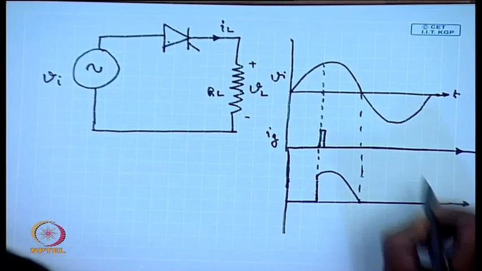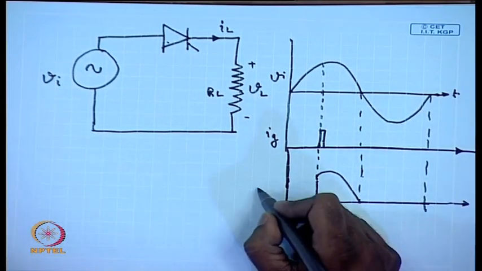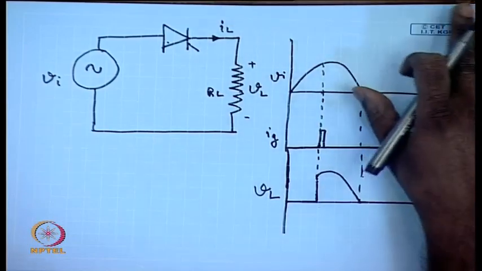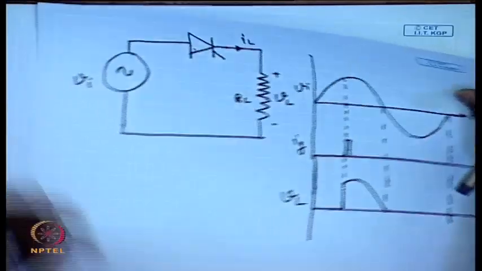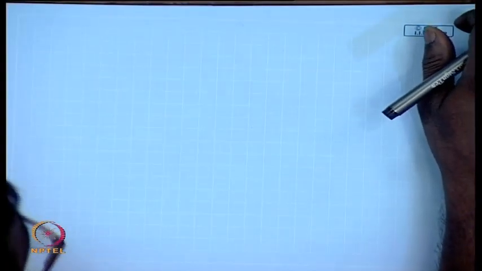So, this is how the load voltage will look like. So, these are some of the devices which can be used to control the voltage applied to a DC shunt motor and hence control its speed.